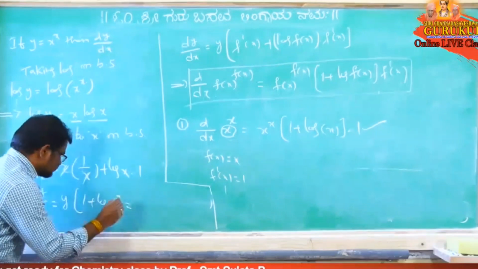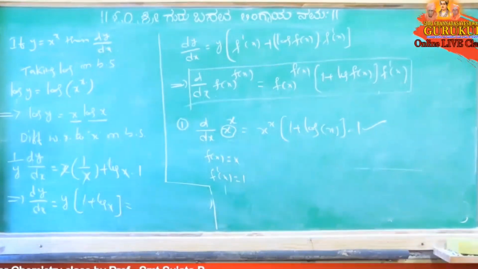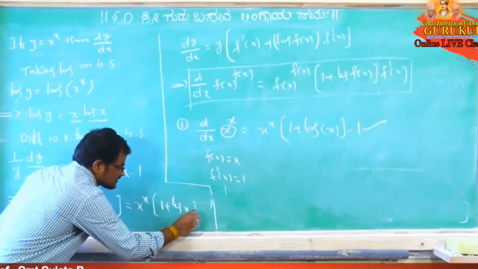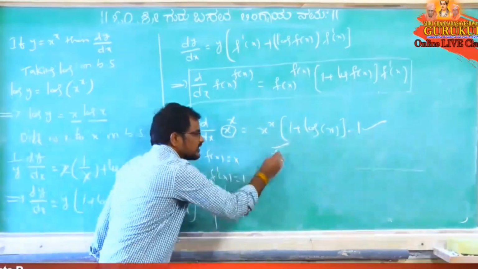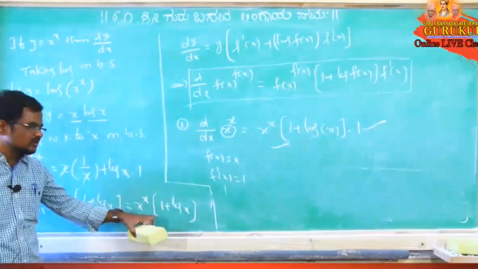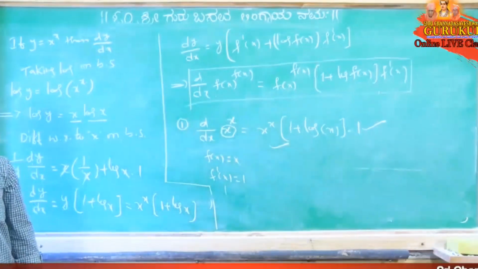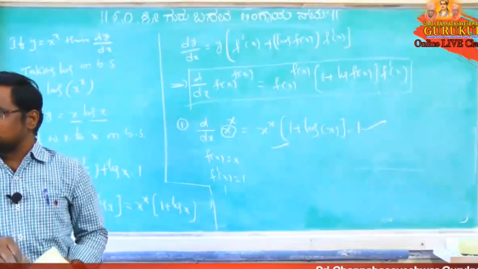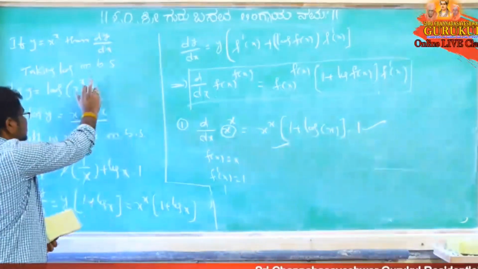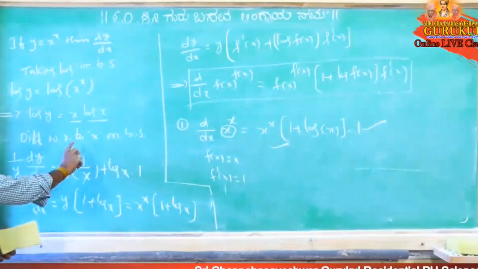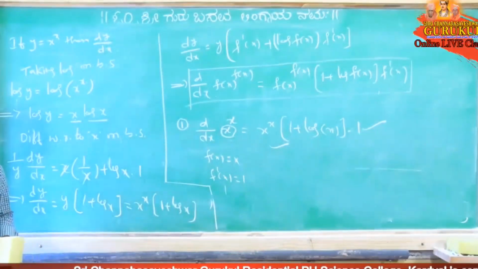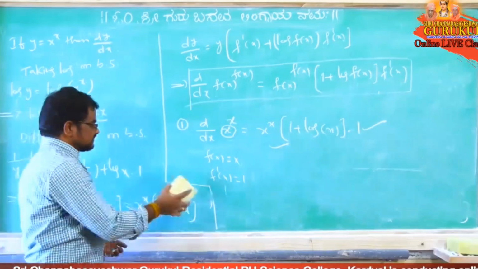That is equal to y, meaning x power x, into 1 plus log x. Did you get the same thing? x power x into 1 plus log x. So first, taking log on both the sides, apply the logarithmic property, then differentiating with respect to x on both the sides. From that you find out dy by dx.